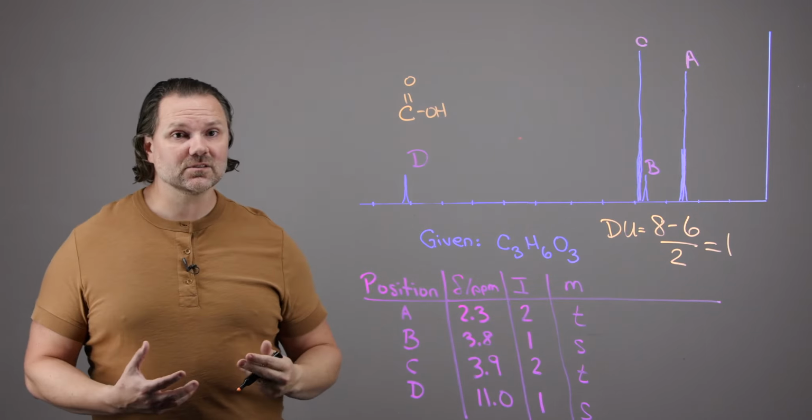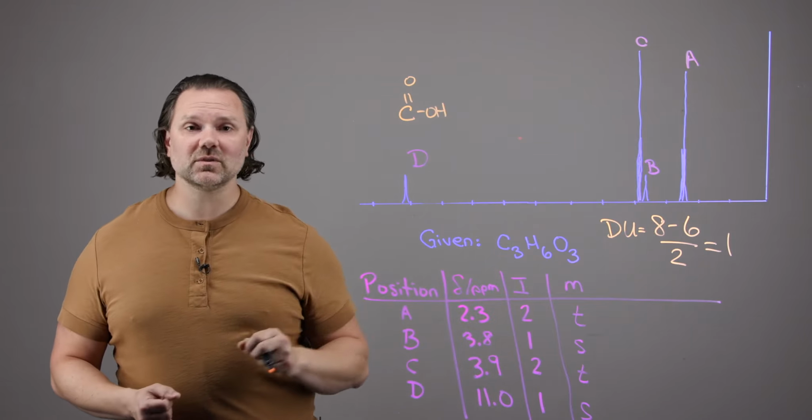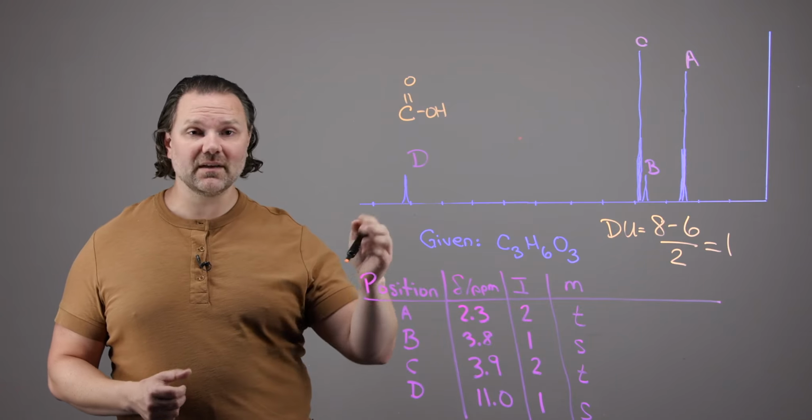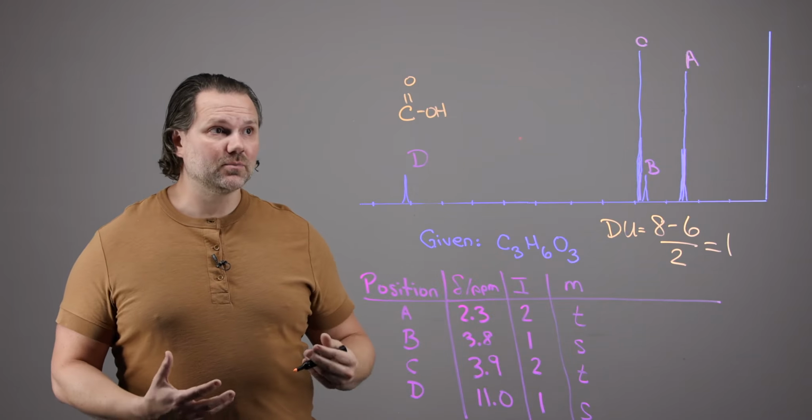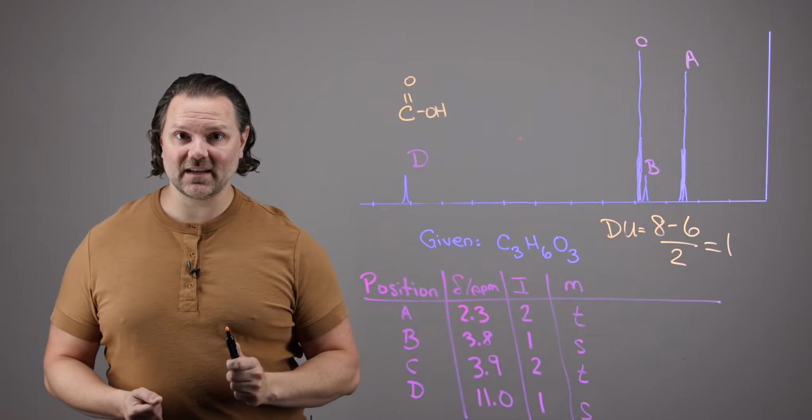Carboxylic acid signals can range from about 6 to 13 ppm. This one is showing in that region up at 11. There isn't another option.